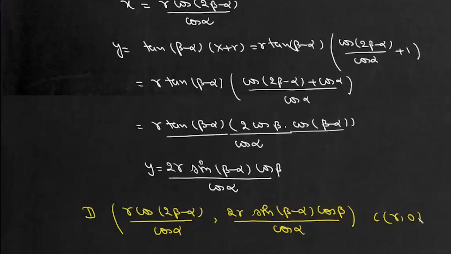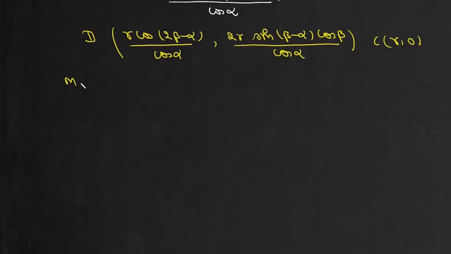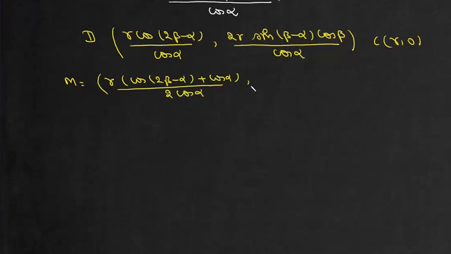So we'll find midpoint of CD, which is M. So coordinate of this point M will be this r cos 2 beta minus alpha plus cos alpha upon 2 cos alpha, and here it is 2r sine beta minus alpha cos beta upon cos alpha divided by 2. Now here this 2 and 2 will cancel.